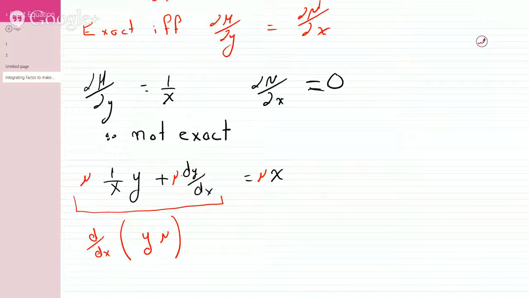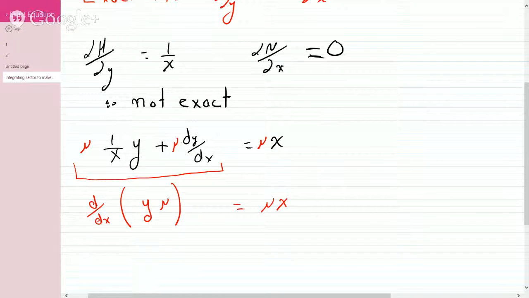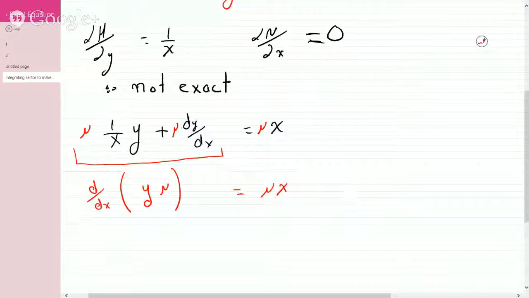So the derivative of y is dy over dx times mu, plus y times the derivative of mu, which should be this, equals mu times x.